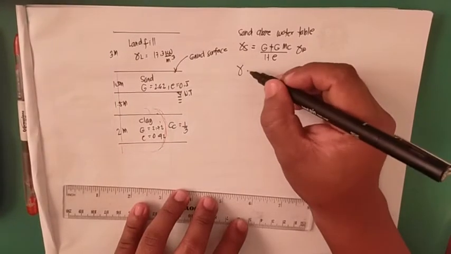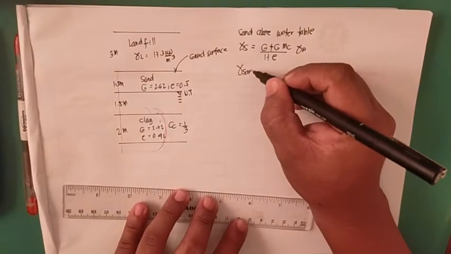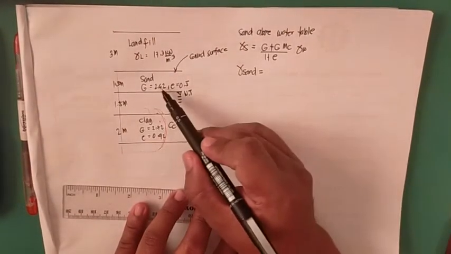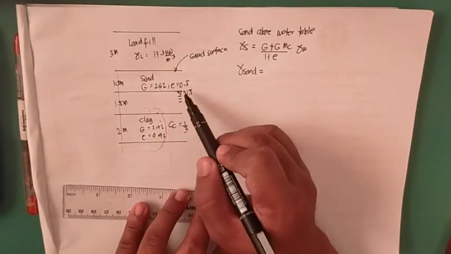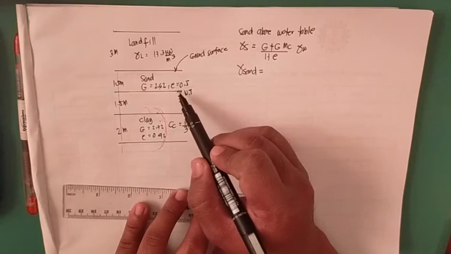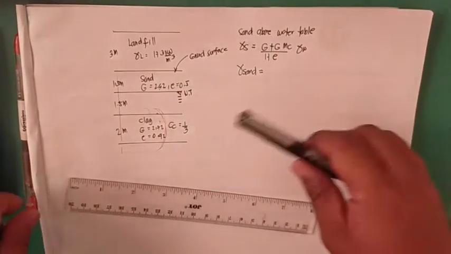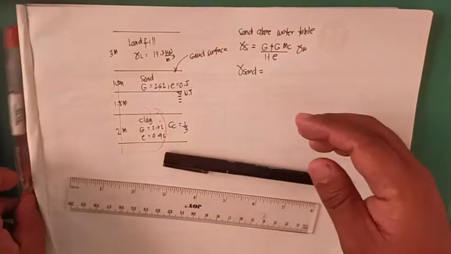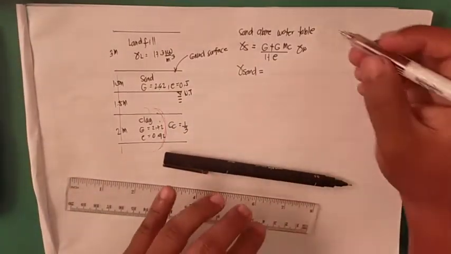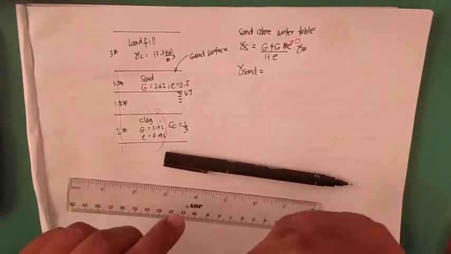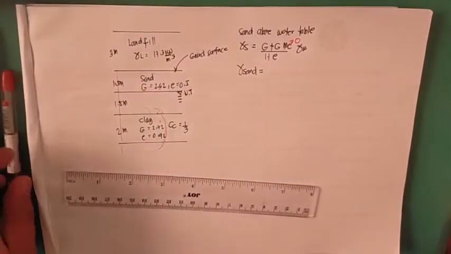So, gamma sand, by substituting these values, this 2.62 and this value of e, okay? And also, take note that if we are considering the sand above the water table, the value here, this is 0 because it's already considered to be dry, okay?